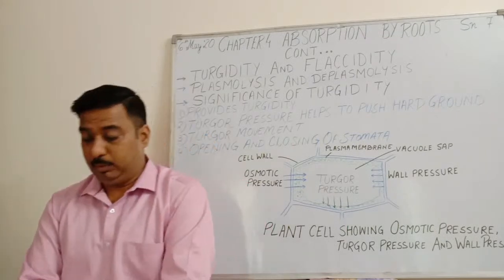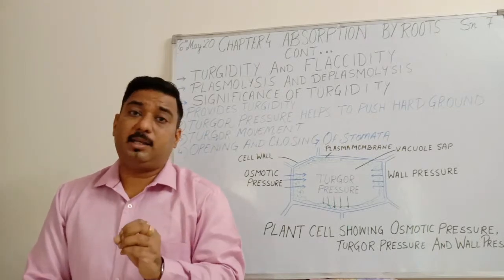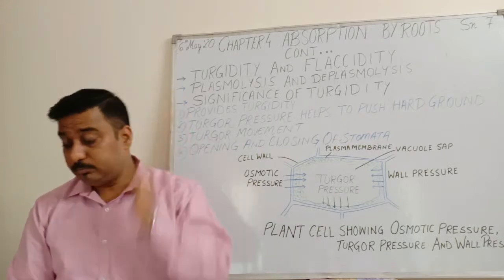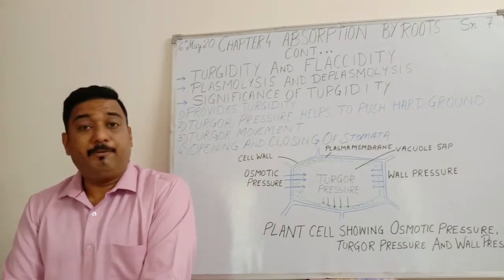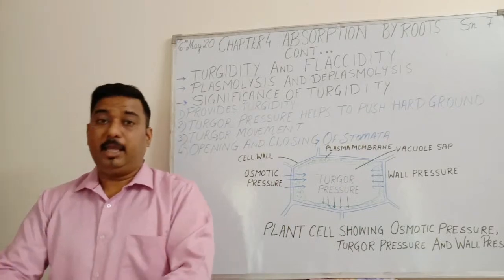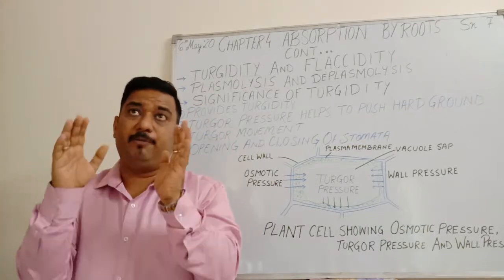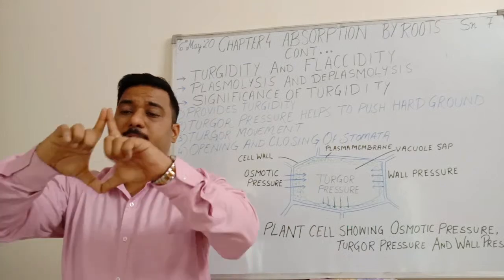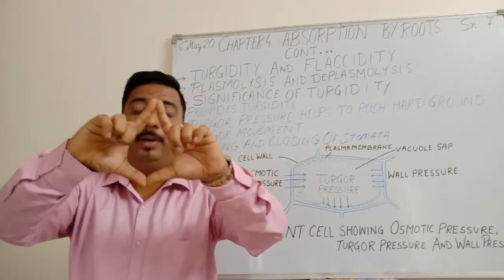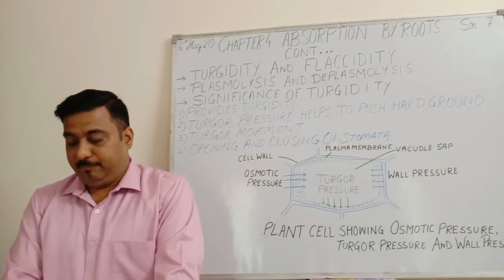They are filled with water, and the turgidity and flaccidity of these guard cells enable the stomatal aperture to close and open. When guard cells are turgid, when they are fully filled with water, they are fully distended. Their walls get distended and they move away from each other, making the pore open.